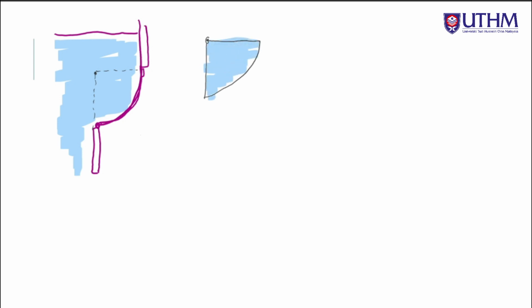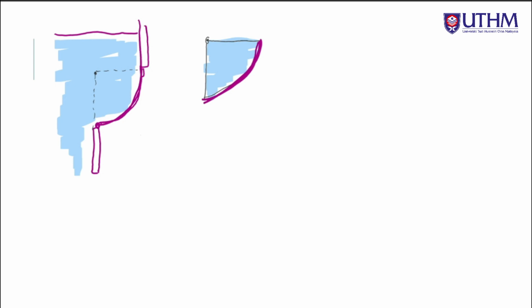Okay, so this is actually the gate. So bila kita cakap benda ni, in order for this gate to maintain static, maksud dia kita tahu dekat weight ni dia ada forces, pressure dia yang akan menekan this gate.